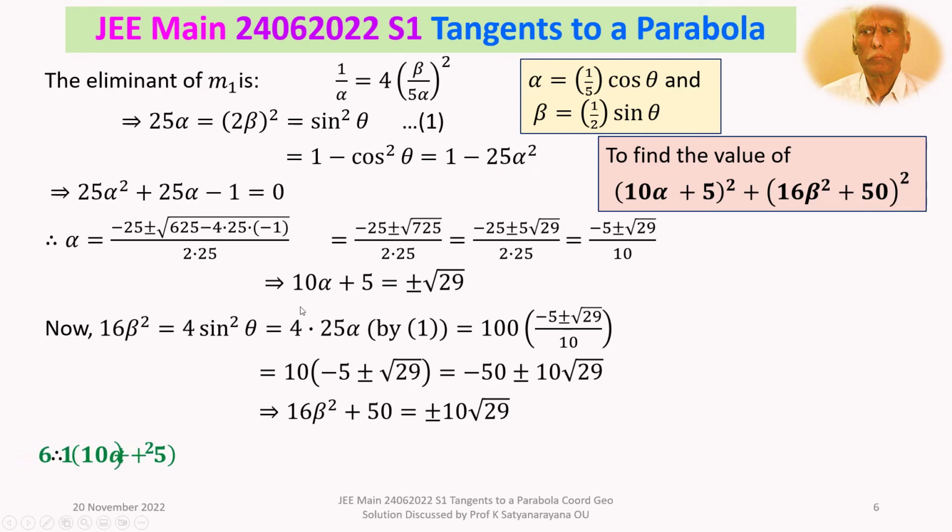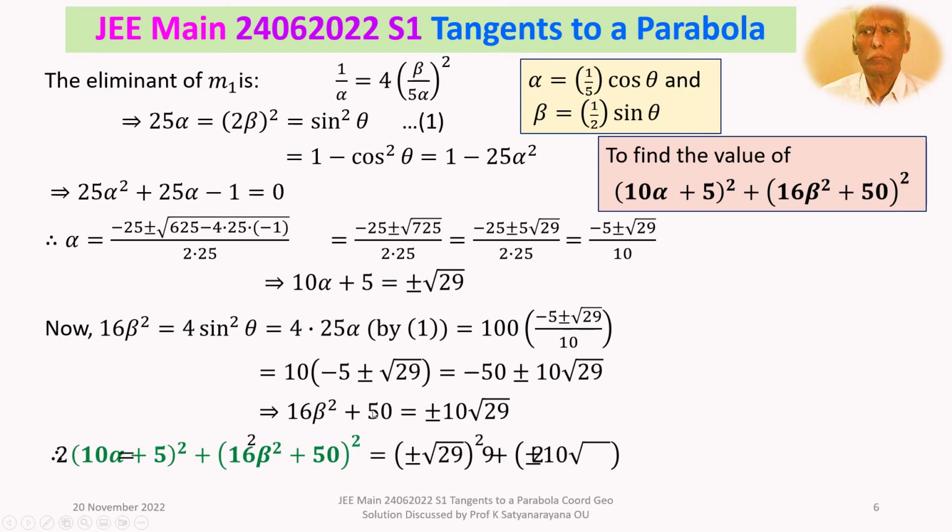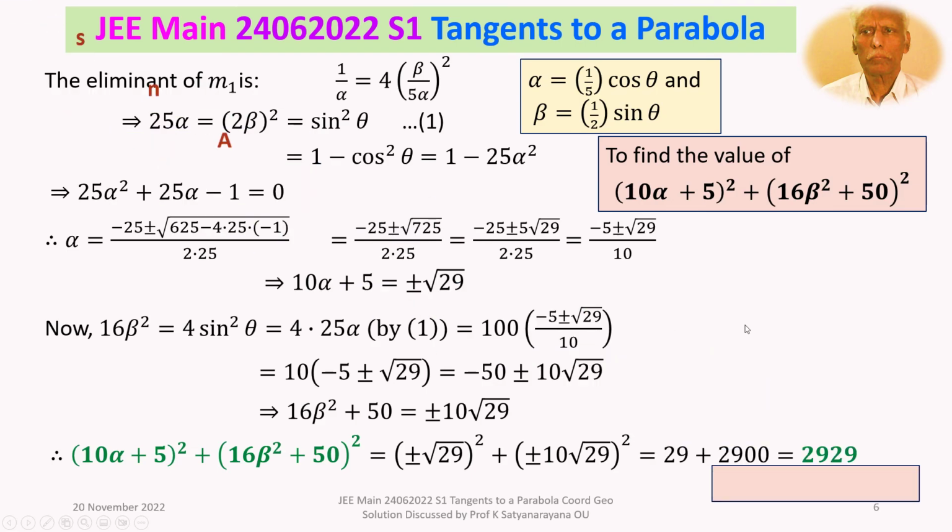So (10 alpha plus 5) whole square plus (16 beta square plus 50) whole square is equal to (plus or minus root 29) whole square plus (plus or minus 10 root 29) whole square, and that is equal to 29 plus 2900. When added we will get 2929, and that is our required answer.